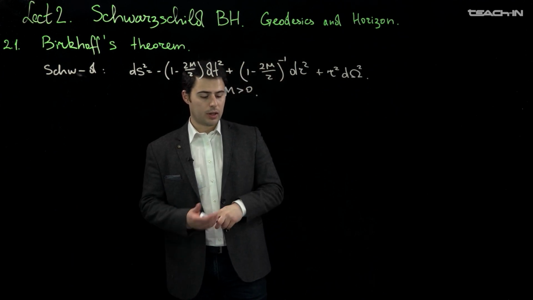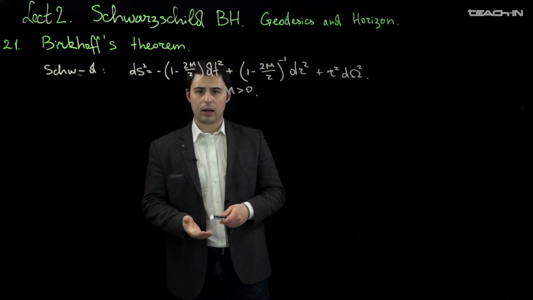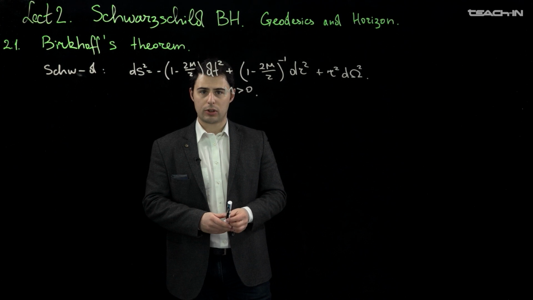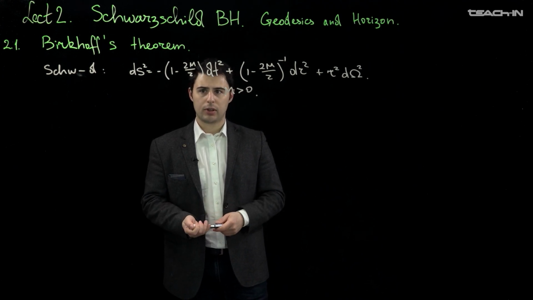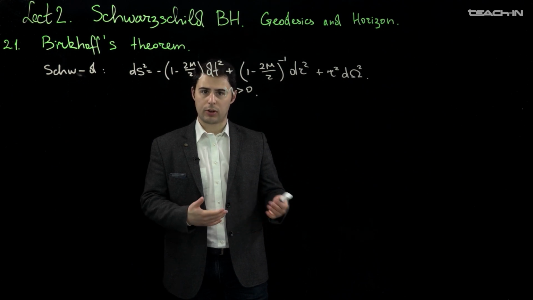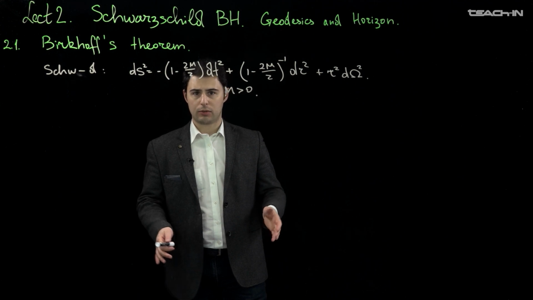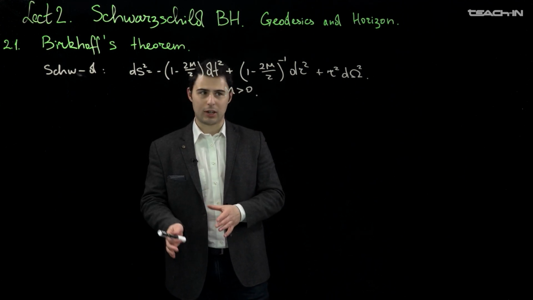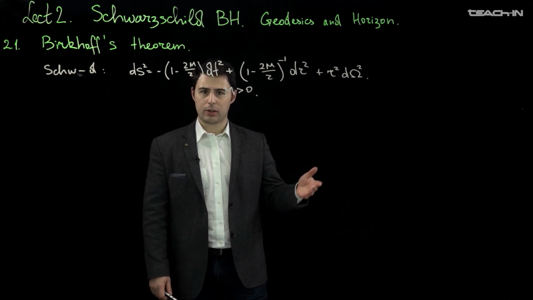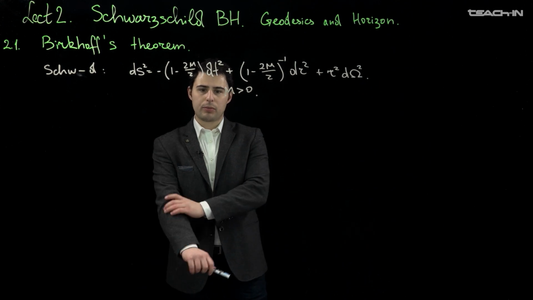So we have introduced this solution as an outcome of the spherical collapse of a star. We have the matter falling into a black hole as a completely gravitationally collapsed object, and the exterior, which is vacuum. And the Schwarzschild solution describes the vacuum solution.